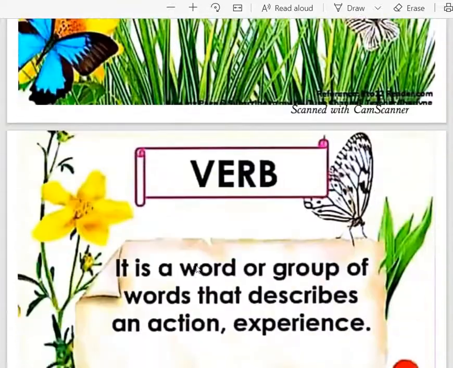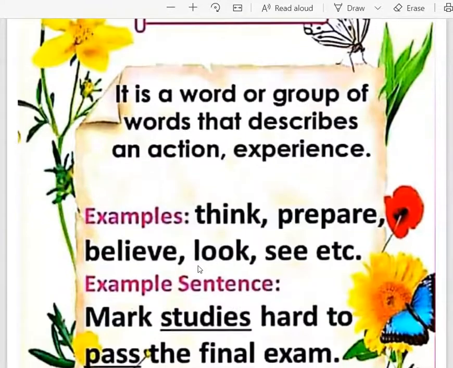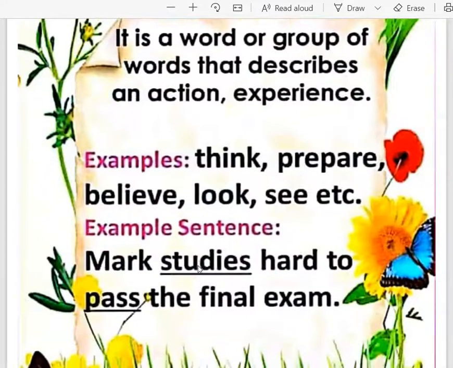The next part of speech is verb. What is a verb? It is a word or group of words that describes an action or an experience. The action words are called as verb. So, for example, like think, prepare, believe, look, see, any action you perform is called as a verb.